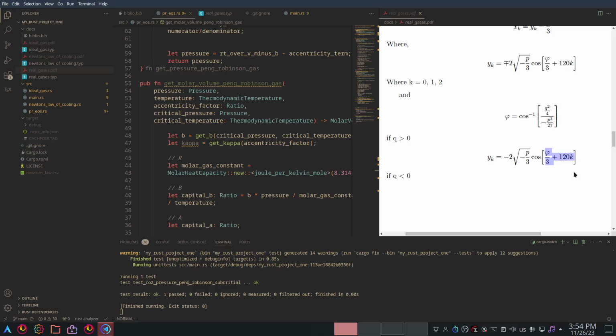So, we have to figure that out. I have a strong suspicion it's degrees, because we have 360 degrees and k equals 0, 1, and 2, right? So 360 degrees, you divide it by 3 so that you have 3 equally spaced roots.